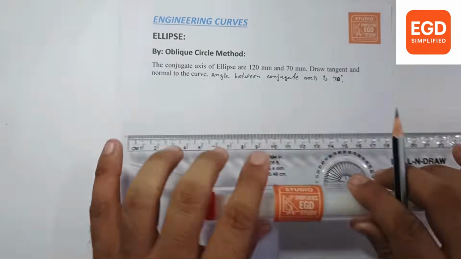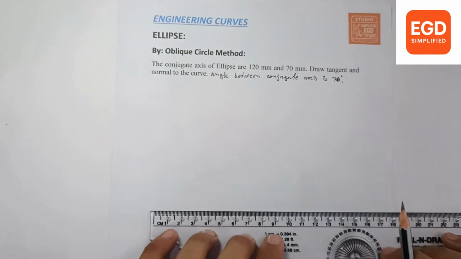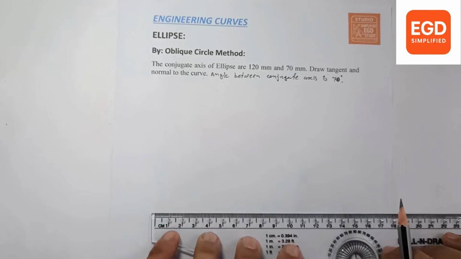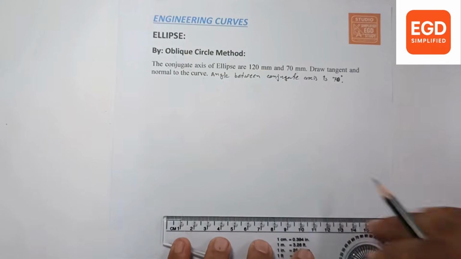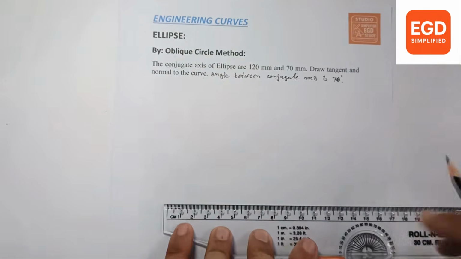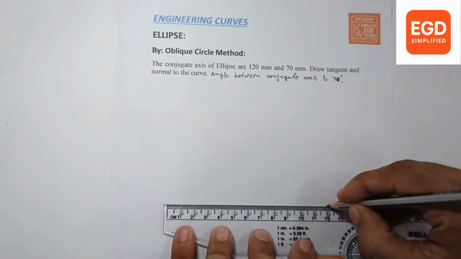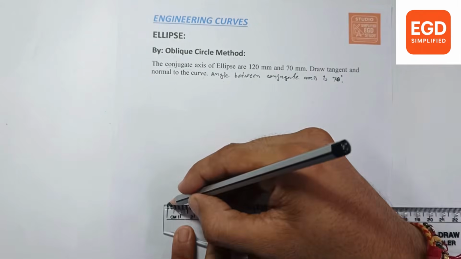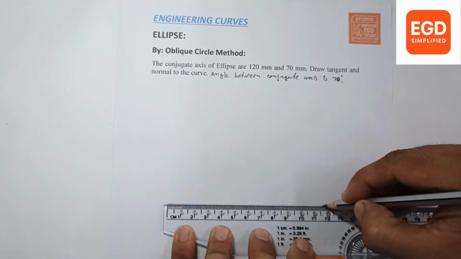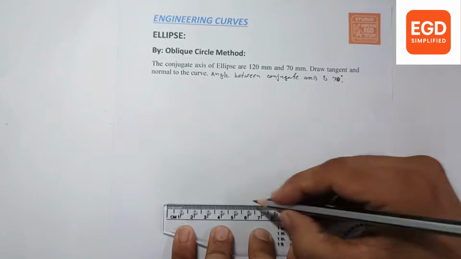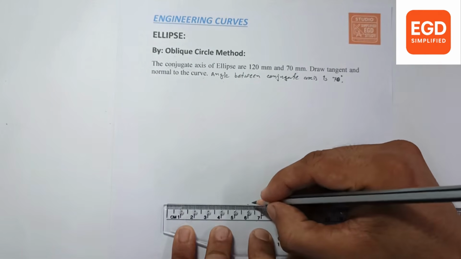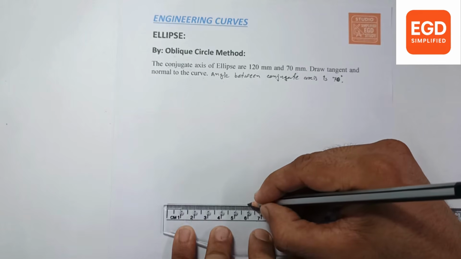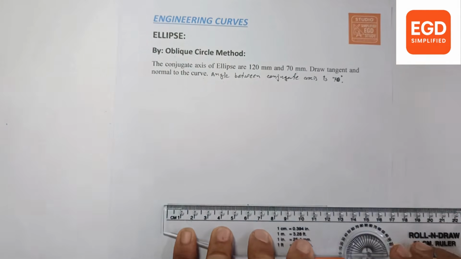Okay, so first of all we will draw the major and minor conjugate axes as we have done earlier in the parallelogram method. In the parallelogram method also the conjugate axes are given. We plot the major conjugate axis and its midpoint.